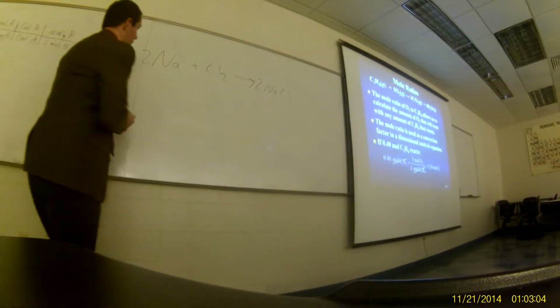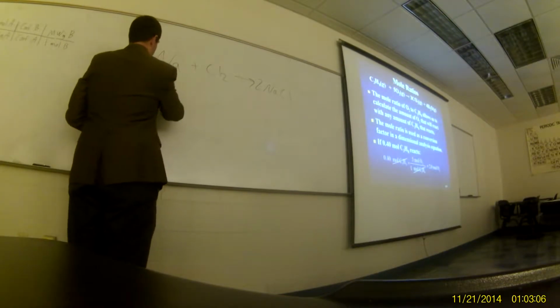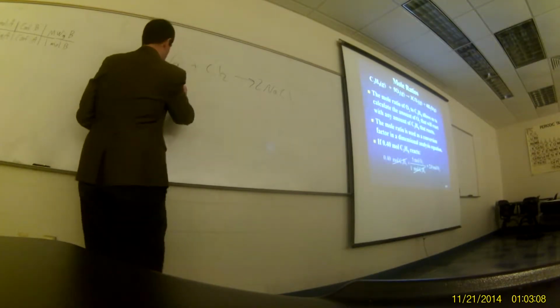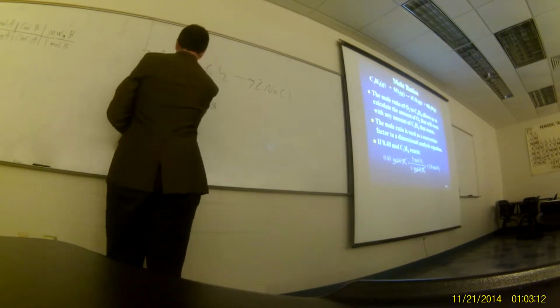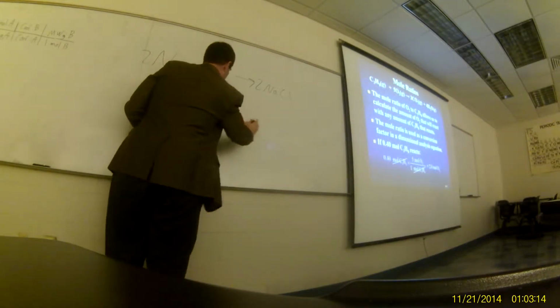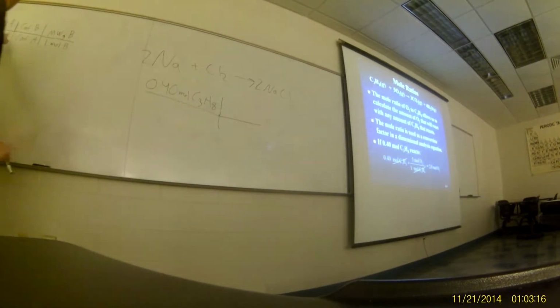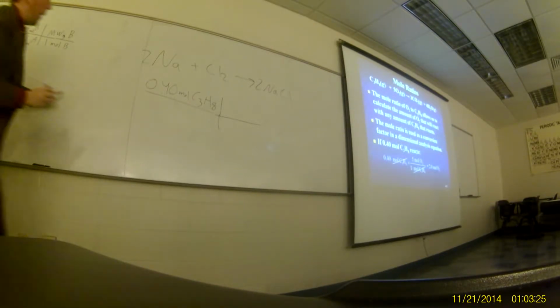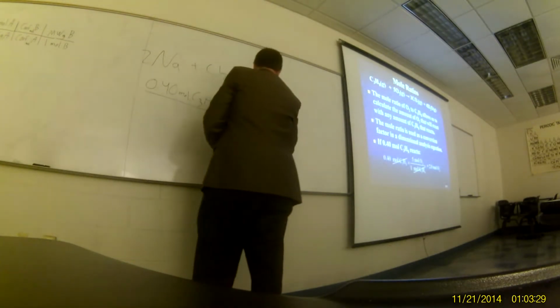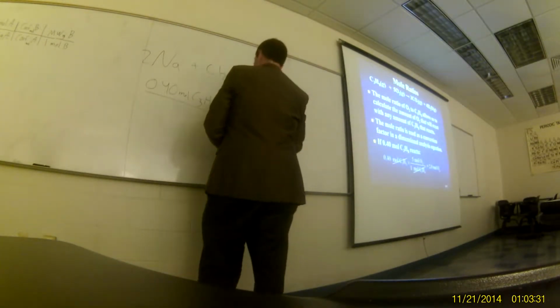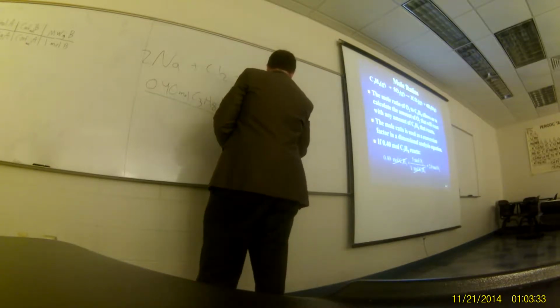So I'm going to put 0.40 moles of C3H8. And then this tells me, down here, these are moles. Based on this and that, I know I have to have moles of A, and A was C3H8.